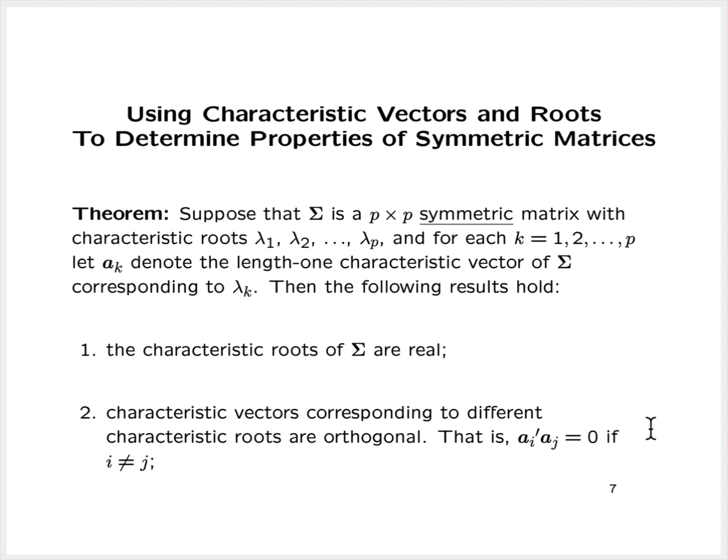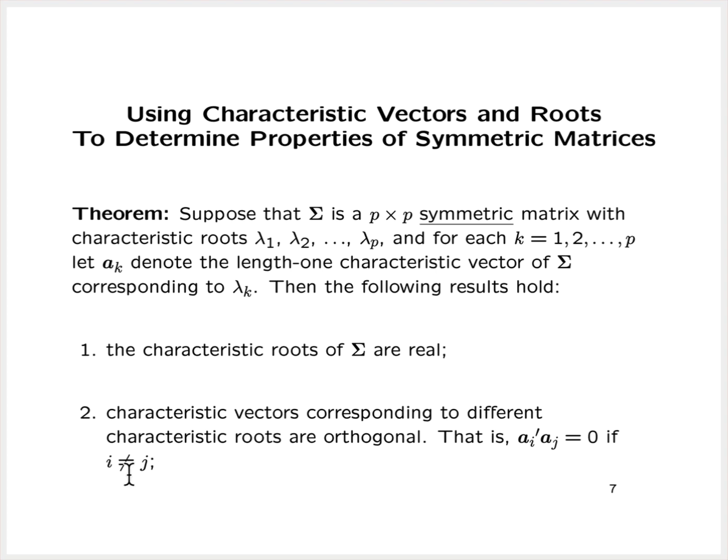Point 2. The characteristic vectors corresponding to different characteristic roots are orthogonal. What that means is that in a p-dimensional space, they are perpendicular. Mathematically, their inner product is going to be 0.